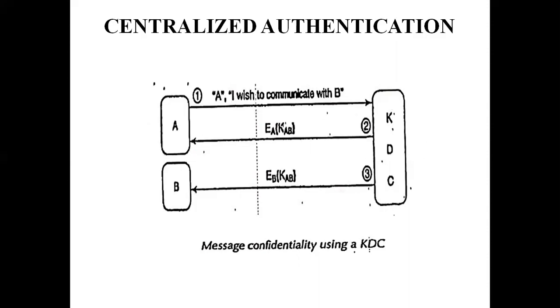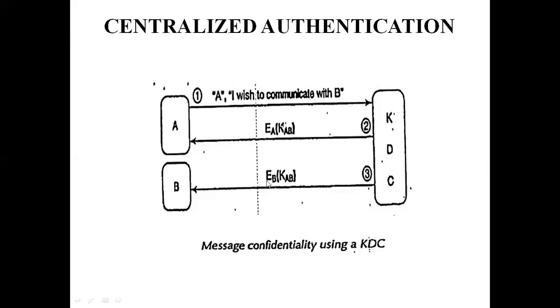The main function of the KDC is to securely communicate a fresh common session key to two parties who wish to communicate with each other. In message 1, A informs the KDC that it intends to communicate with B. The KDC generates a random secret key K of AB and dispatches this to A and B through two encrypted messages, that is EA and EB.